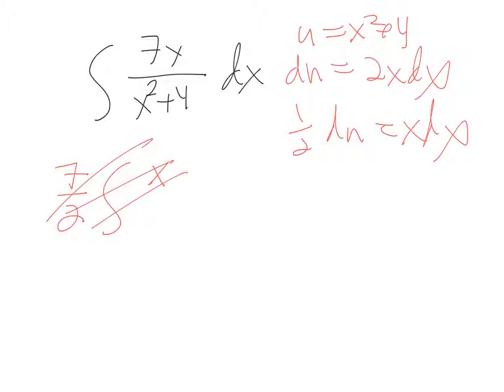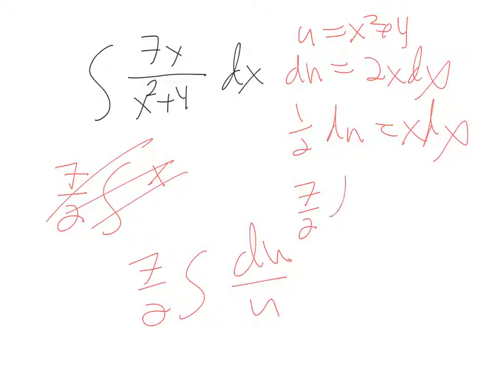I'm going to erase this. 7 over 2 times the integral of du over u. So the antiderivative of 1 over u is ln u. So I have 7 over 2 times the ln of x squared plus 4 plus c.